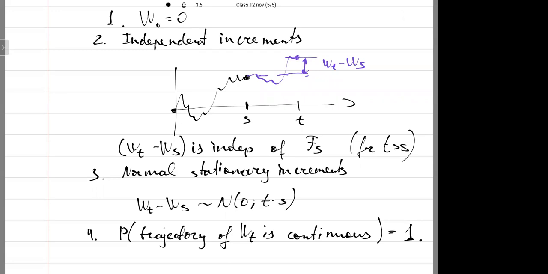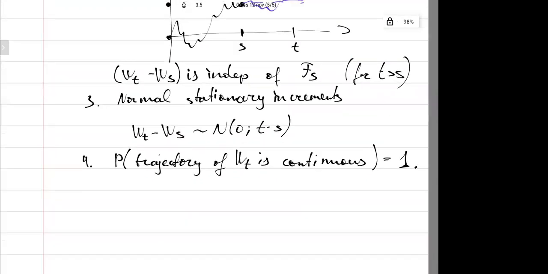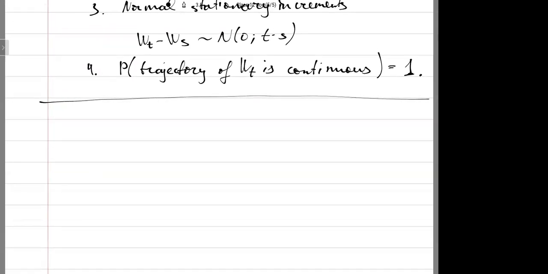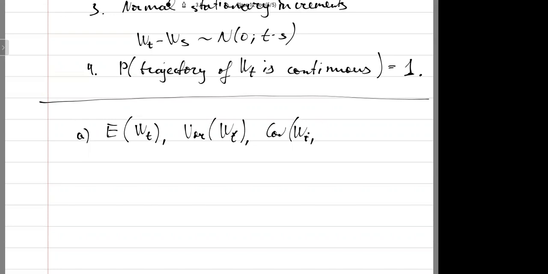Okay, let's calculate some properties. Imagine that these 4 properties are satisfied. First, let's calculate the expected value of Wt, the variance of Wt, the covariance of Wt, Ws.